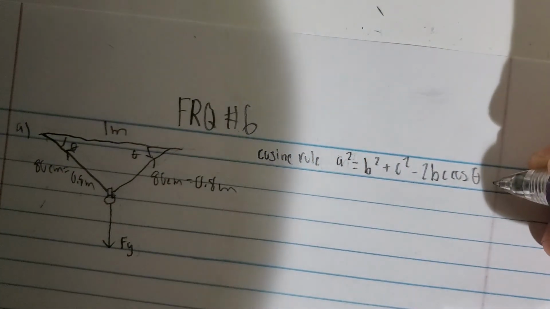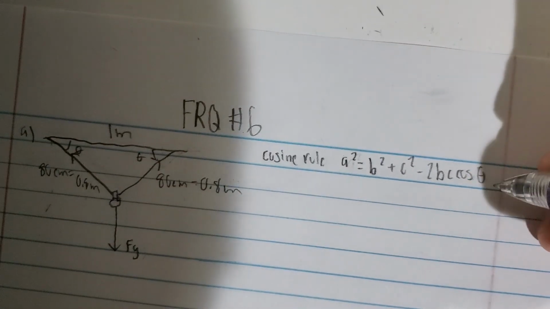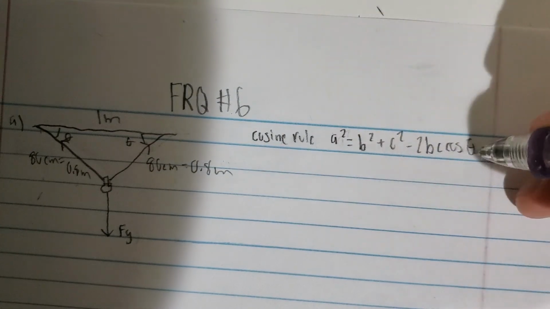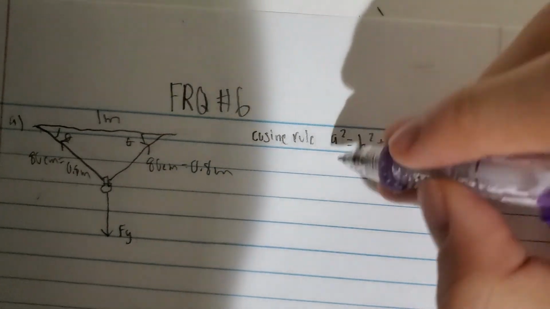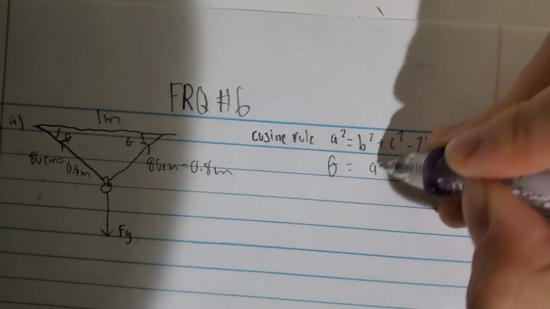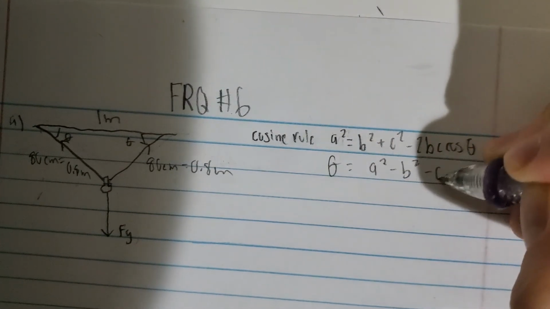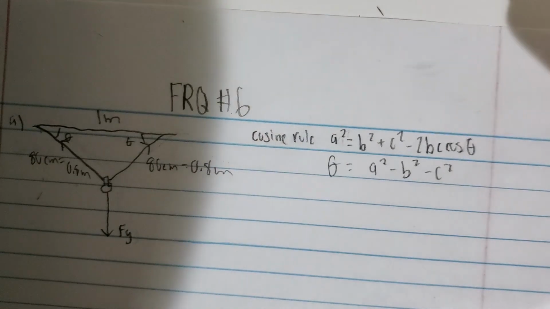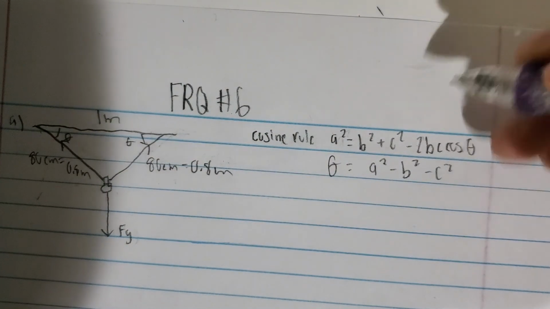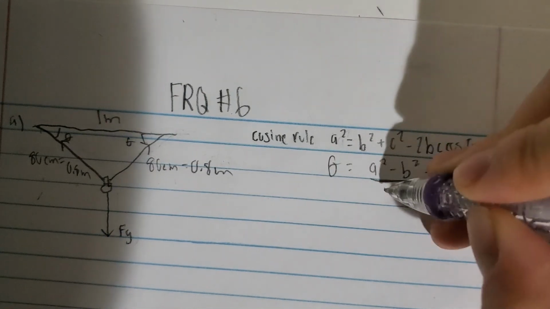If I isolate for theta, I'm going to subtract these two right here. So a squared minus b squared minus c squared, and then I'm going to divide by negative 2bc.